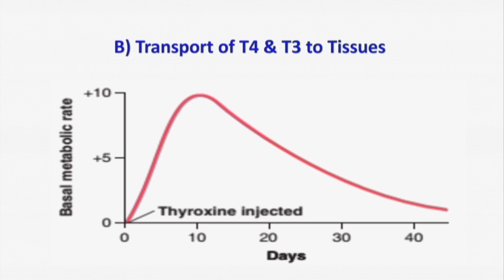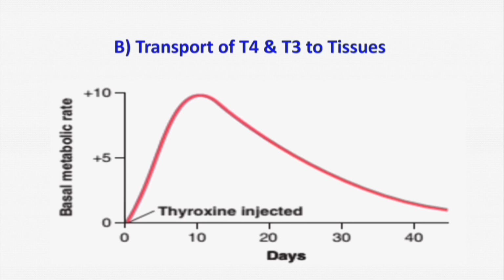Now, how the transport occurs: 99% of T4 and T3 combine with the plasma proteins. Mainly they combine with the thyroxine binding globulin, which is called TBG, and some amount is combined with the thyroxine binding prealbumin, TBPA, and also with albumin.